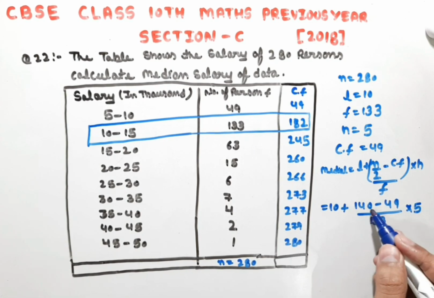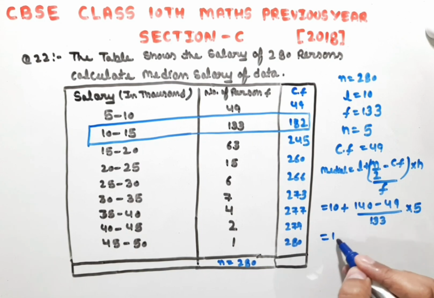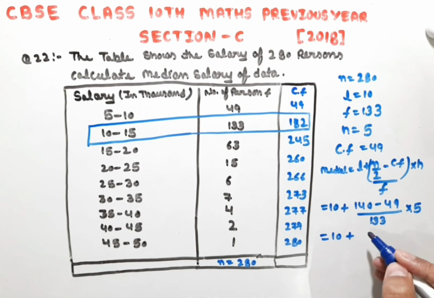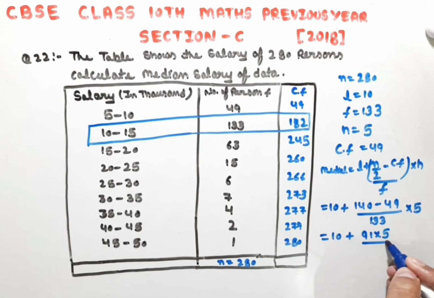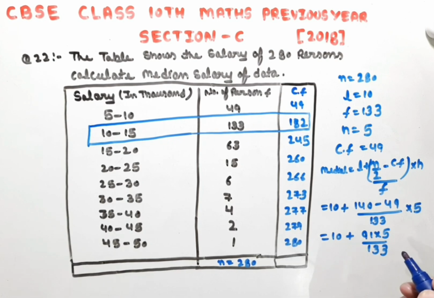So 140 minus 49 will be equal to 91 into 5 upon 133. On solving this, we will get 13.42. So our median is 13.42.